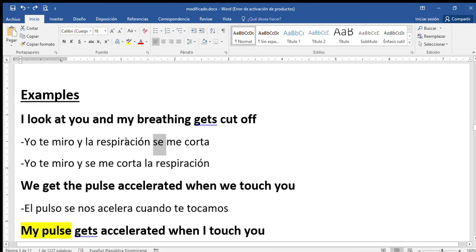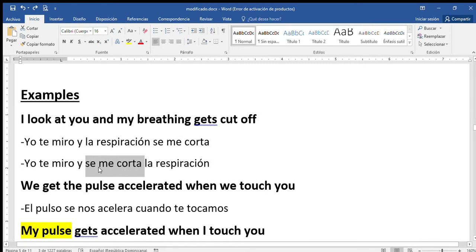So we put "yo te miro y la respiración se." ¿A quién se le corta? From whom is the breathing getting cut off? From I, from me. So you do the other step and put "me." "Yo te miro y la respiración se me corta." Or you could say, like I showed you, "yo te miro y se me corta la respiración."